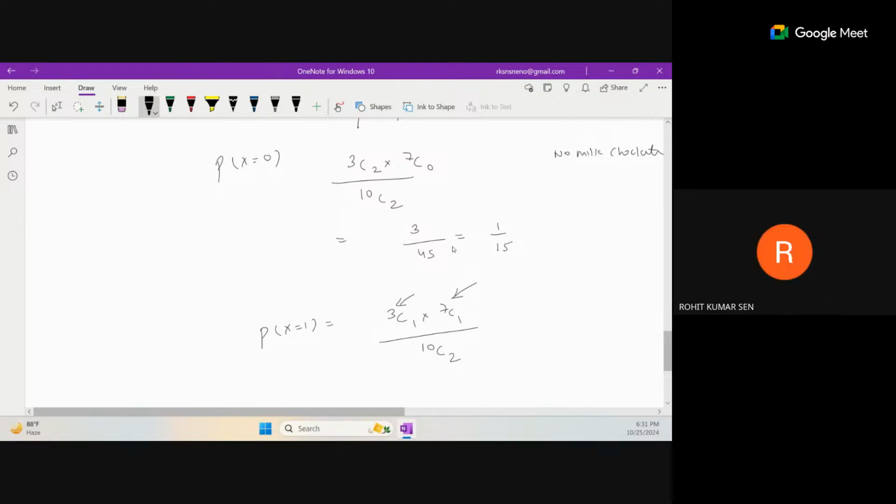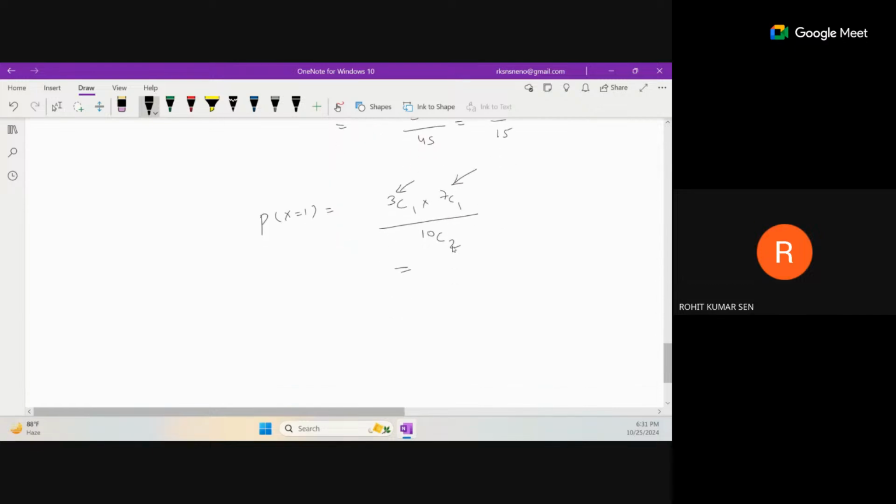If you add them, 1 plus 1 is 2, so the total number of chocolates drawn is 2. Let's solve this: 3 into 7 divided by 45, so it is going to be 7 by 15.